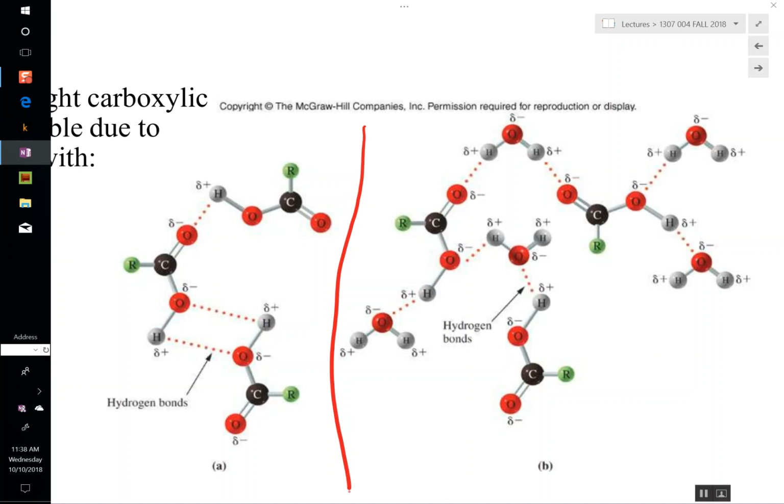In the same way they can be attracted to each other because of the polar bonds in them, they can be attracted to water molecules because water molecules have OH bonds, just like this does. Here's an OH bond, so it can be attracted to a hydrogen here, and another water molecule to the carbonyl, and you get all this hydrogen bonding.